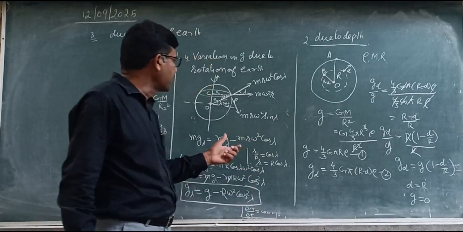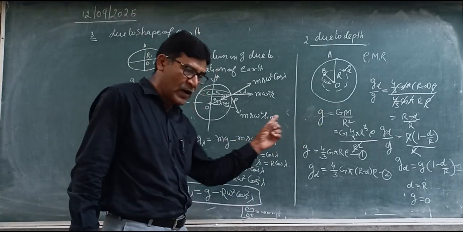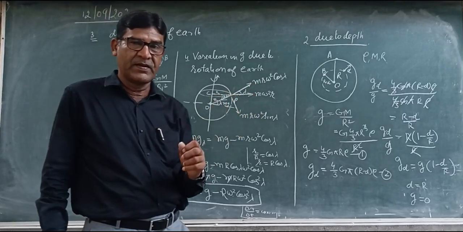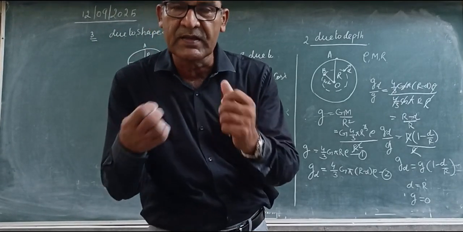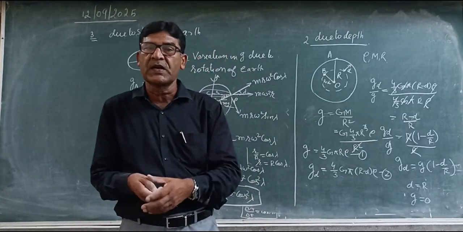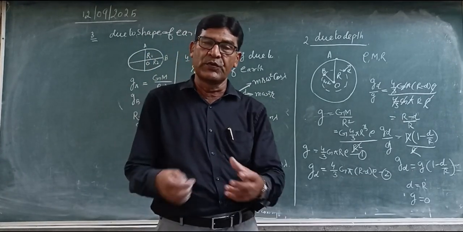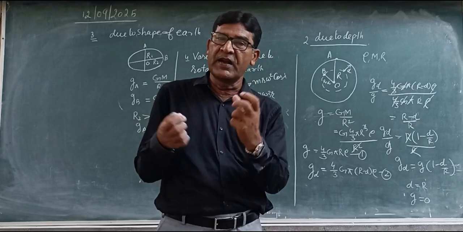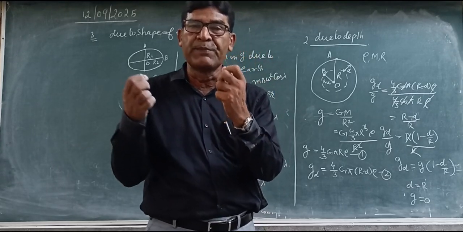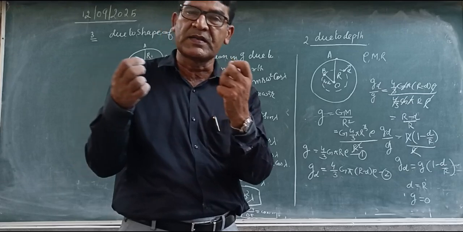Now what happens if the earth stops revolving around the sun? For revolution, you know that centripetal force is necessary. If revolution stops, there will be no centripetal force and the earth will be stationary in its orbit, and consequently the earth will be pulled by the sun toward itself.